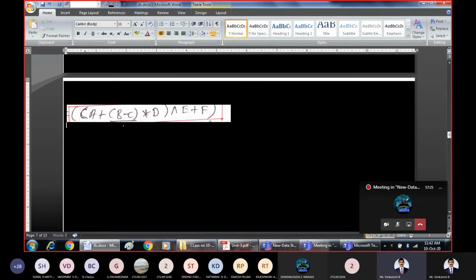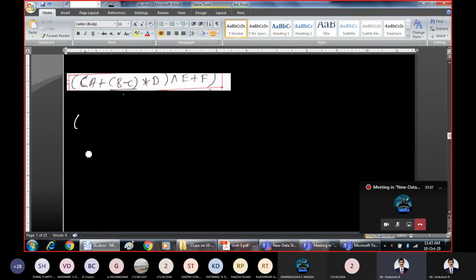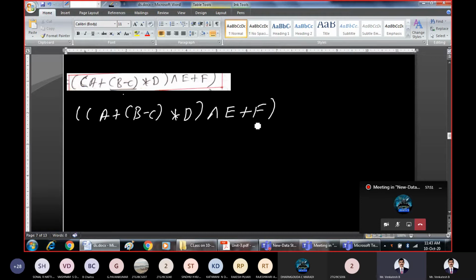This is the expression we are supposed to solve. Convert this expression from infix to postfix. I will rewrite this expression for your reference: A plus bracket B minus C star D, then power operator E plus F, and again we have a bracket.